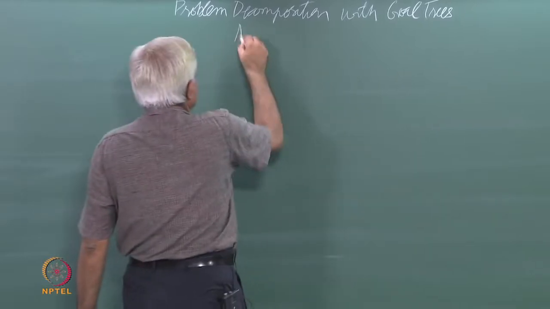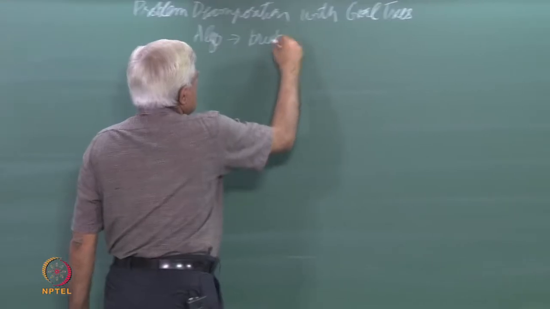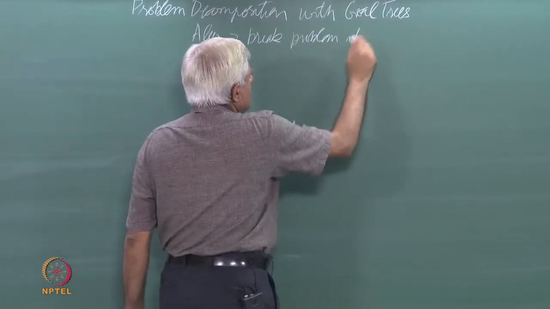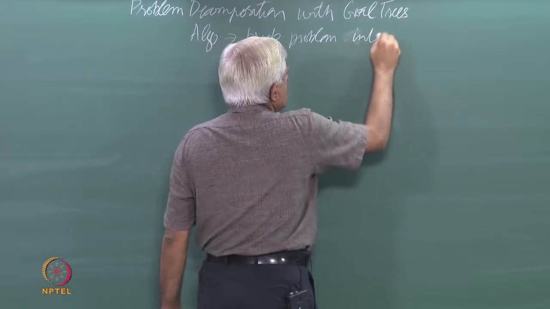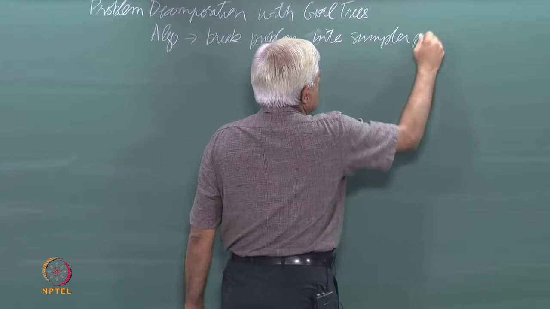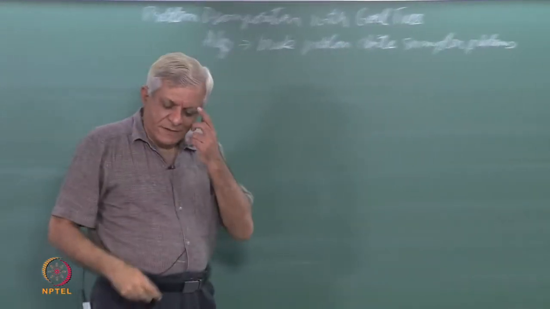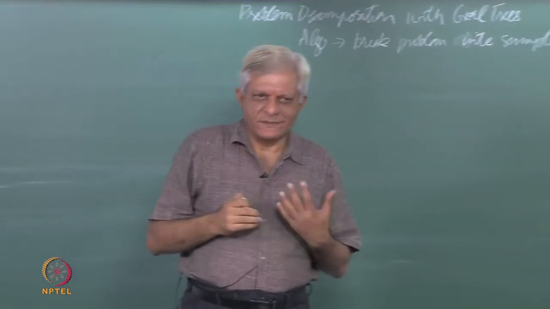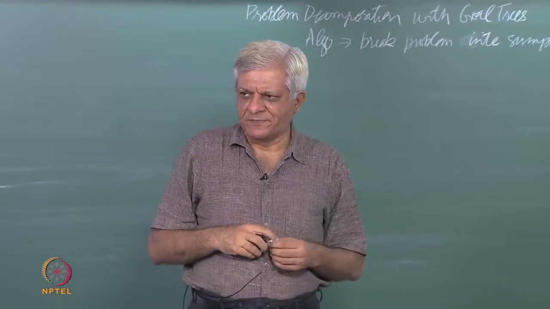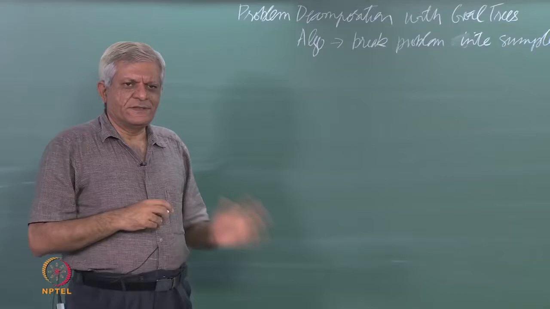So, what should the algorithm do? Break it down into simpler problems. And you keep doing this till the problems are trivially small or primitives that you have access to in some systems essentially.